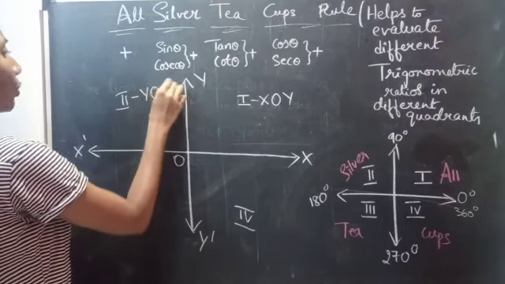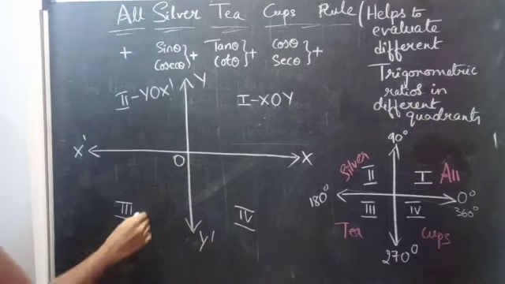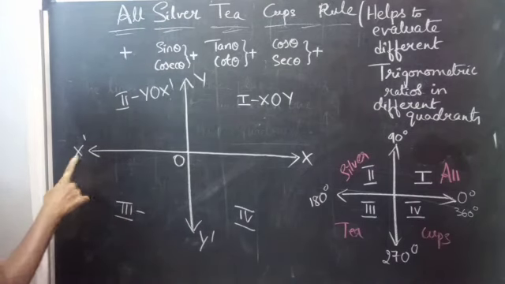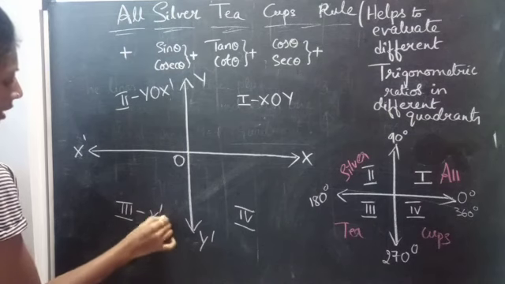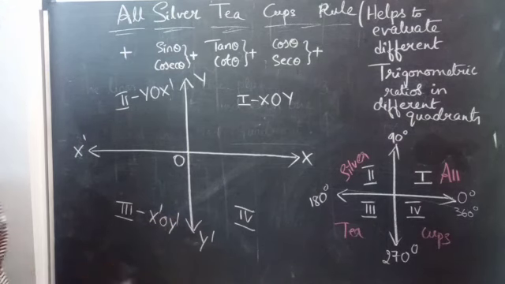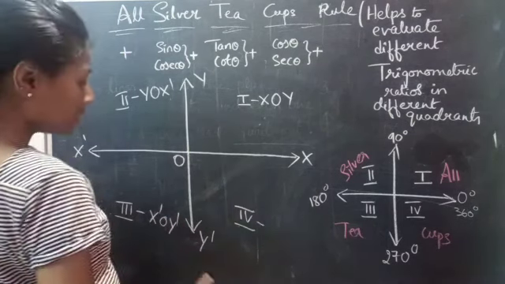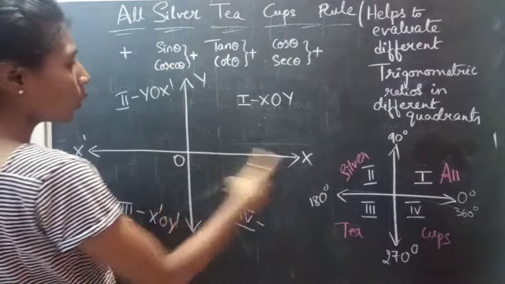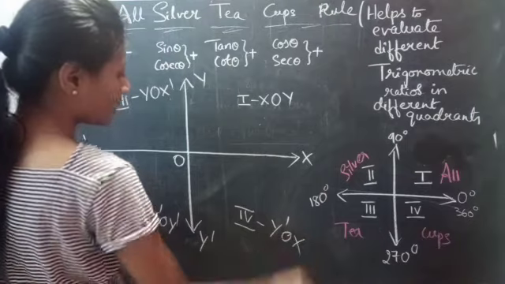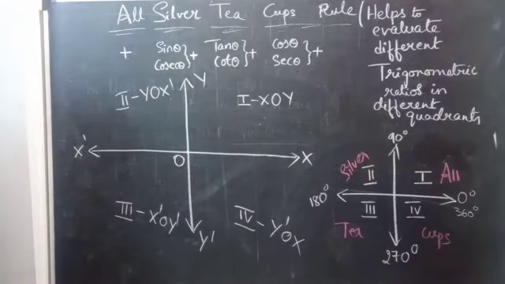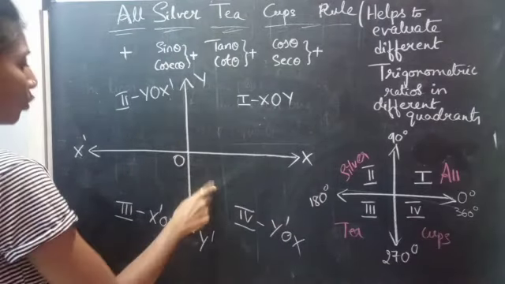The third quadrant is X prime, O, Y prime. And the fourth quadrant is Y prime, O, X. Is it clear? So we have 4 quadrants.